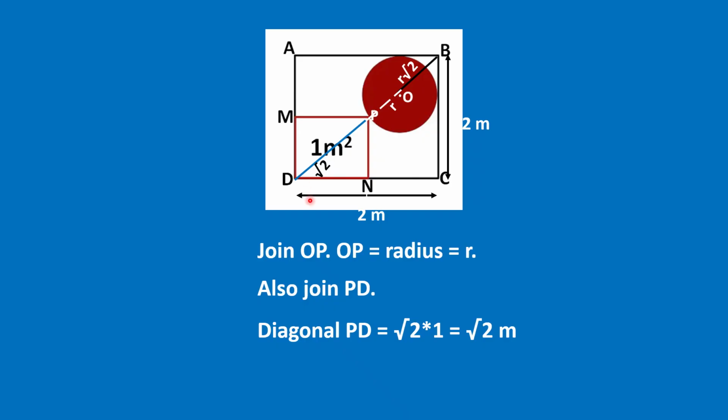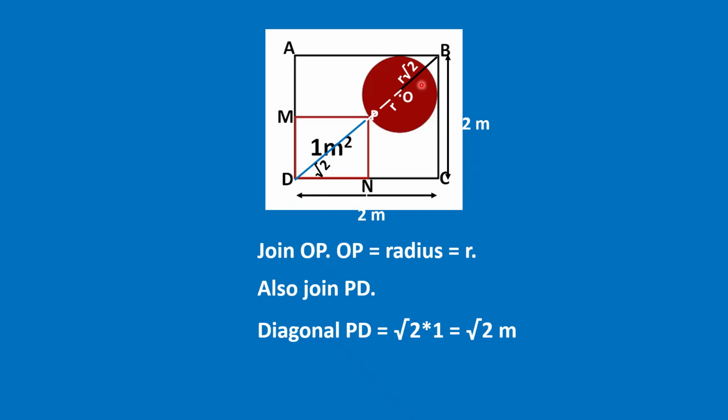The diagonal PD is root 2 because this is a square with each side 1 meter, so the diagonal will be root 2 into 1, that is root 2 meters. So PD is root 2 meters, OP is the radius, and OB we have calculated as R root 2.